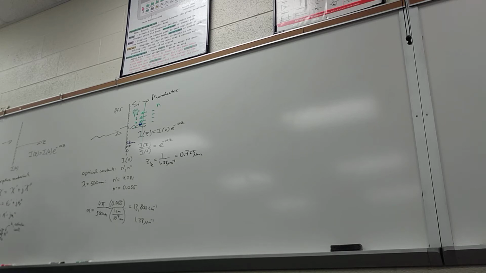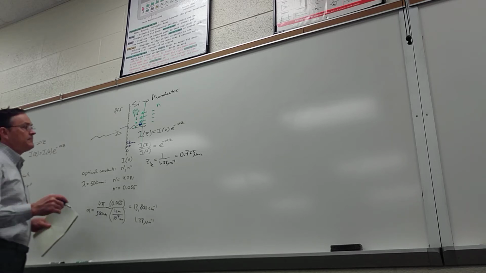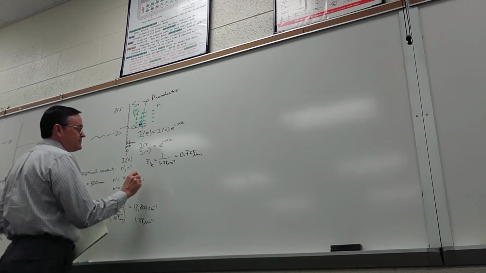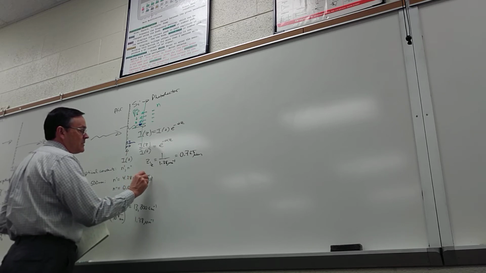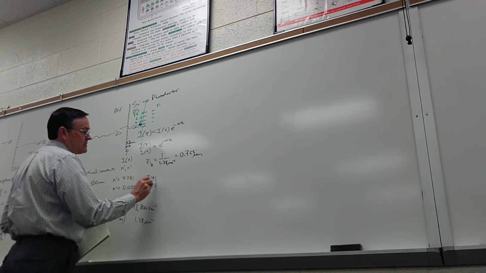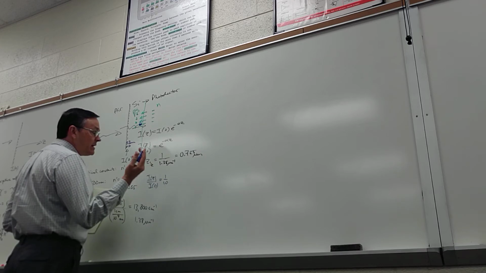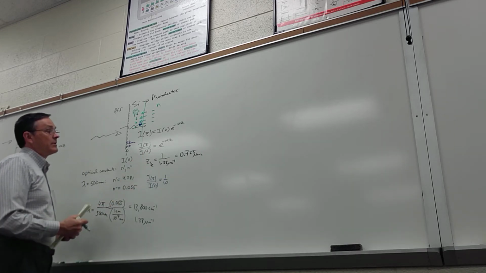So that 0.725 has to do with the point at which the radiance has gone down to 1 over e of the initial irradiance. Or we could say, at what z is this equal to, say, 1/10 of the initial irradiance?